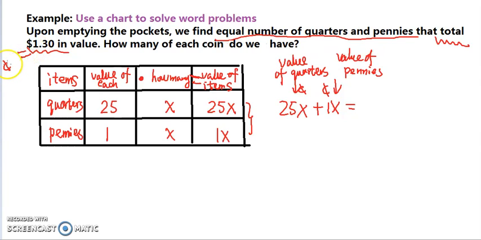As we know, $1 is equal to 100 cents, so 100 cents plus 30 cents, altogether we have 130 cents. Let's put it on the right side, as the total value of quarters and pennies. This is the equation we got, and now we can solve it.